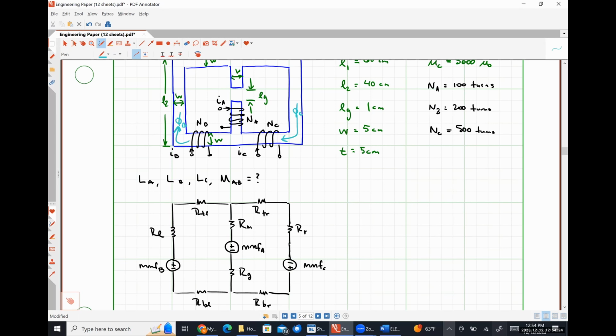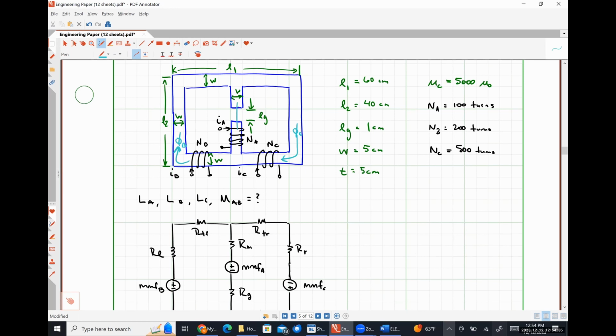And so I'm assuming that my magnetic flux is leaving the positive polarity terminal of my MMF. And then this guy right here, for what it's worth, is driving our flux phi A around in this particular direction.